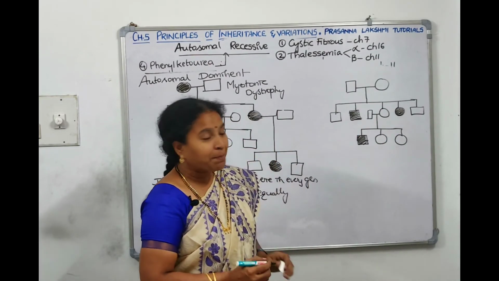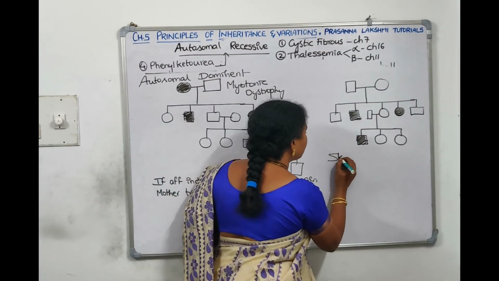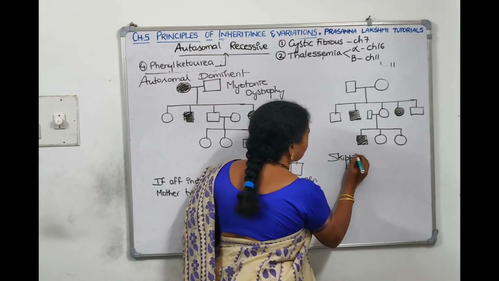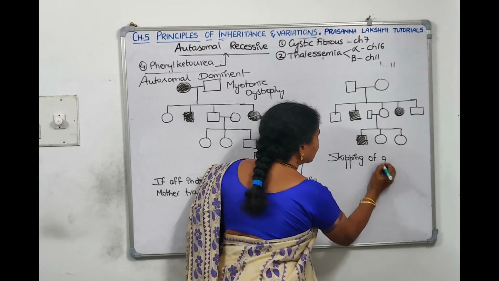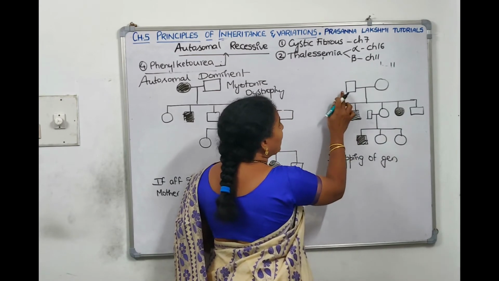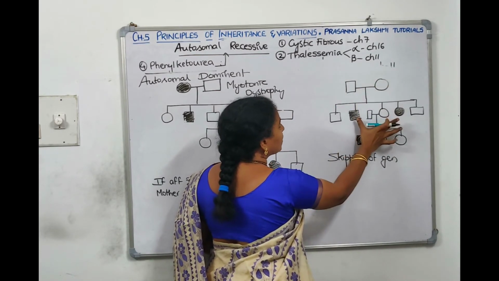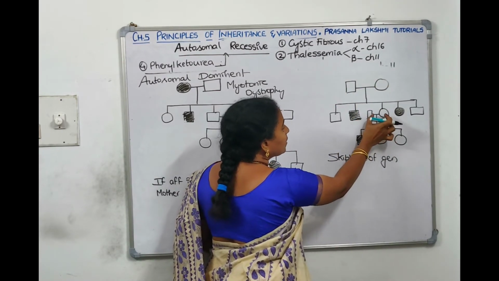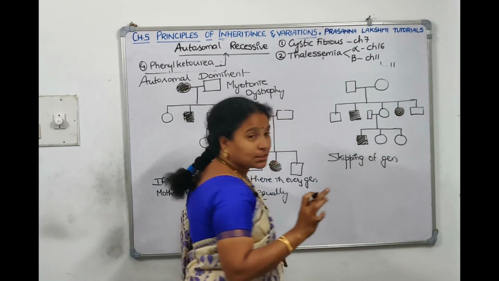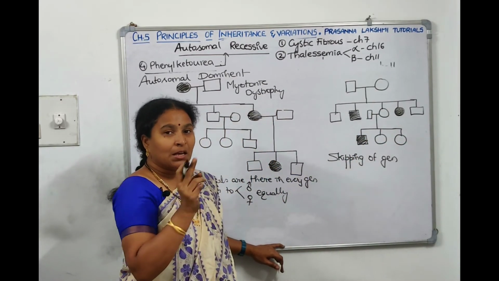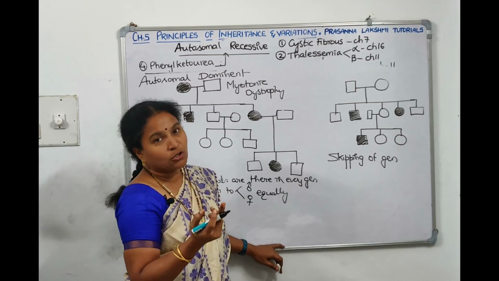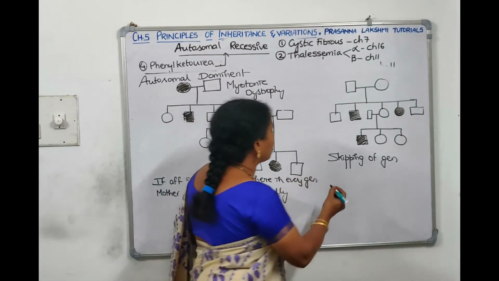And there is skipping of generation. What do you mean by skipping of generation? In the parental generation people are not affected, in the next generation people are affected. If there is skipping of generation, then it is recessive. If girls and boys are equally affected, it is autosomal. So this pedigree is autosomal recessive.